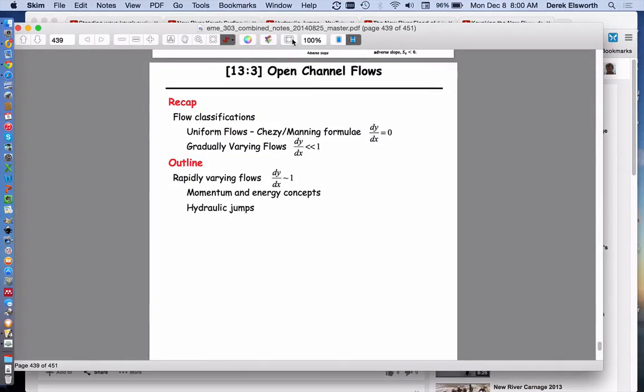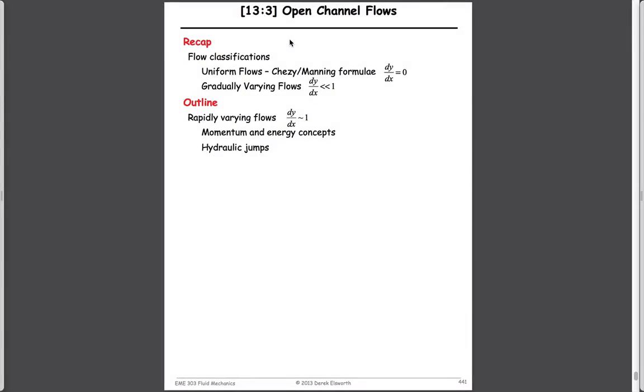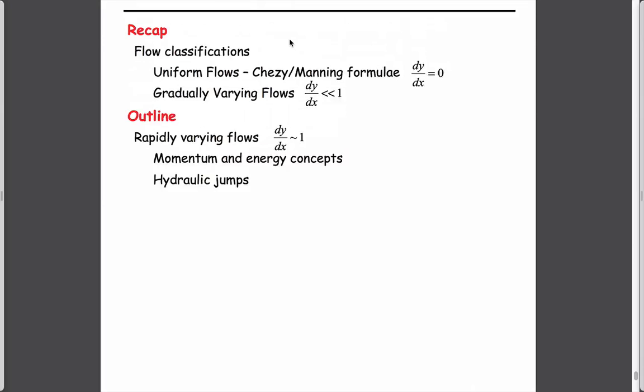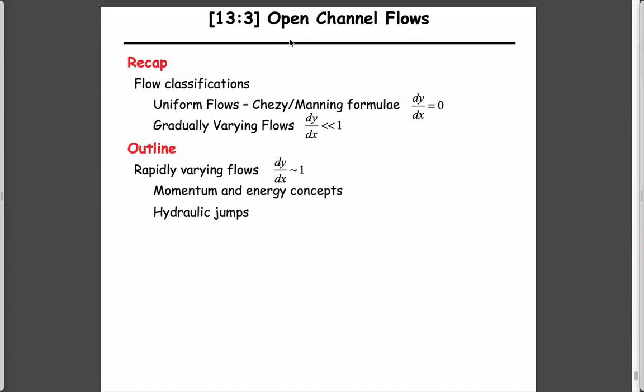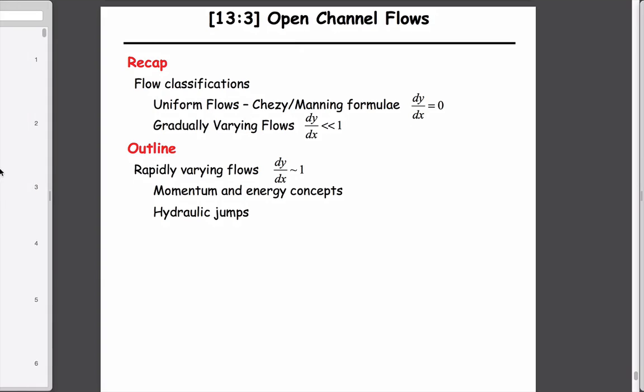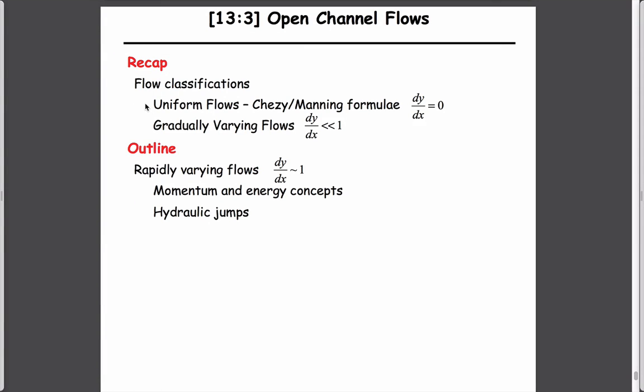This is kind of where we are. And just to set the stage, in recapping these things, it's useful to talk about where we are with this. So what we've talked about so far, we certainly talked about uniform flows, which are the Chezy formula and the Manning formula.